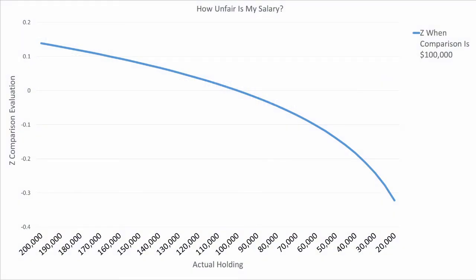In this graph, the y-axis represents Z, the comparison evaluation, and the x-axis represents different actual holdings that a person could earn. The higher the absolute value of Z, the more unfair the observer thinks the situation is. In this example, the comparison holding, C, is equal to $100,000.